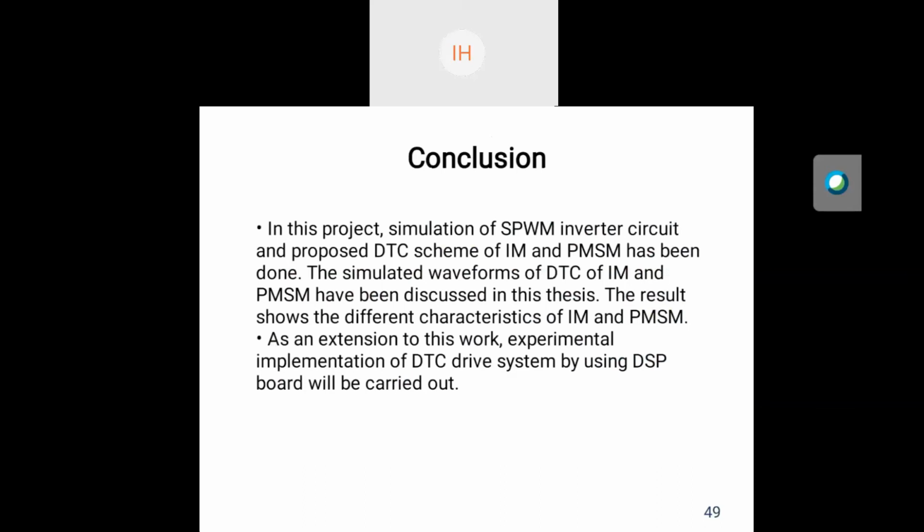We'll try to complete the whole DTC and DTC of PMSM also, and as an extension of this work, we'll implement the DTC drive system and design the control circuit part of this DSP, and we'll try to complete it in the coming future. Next slide.